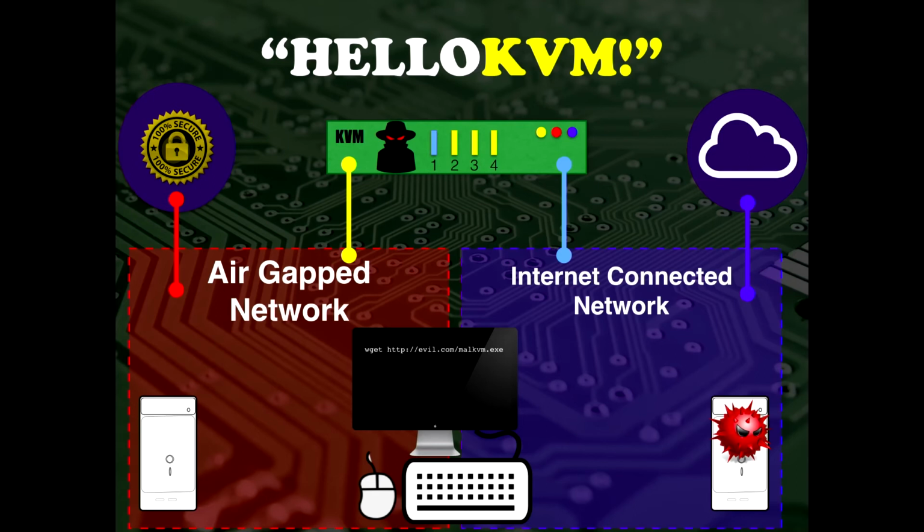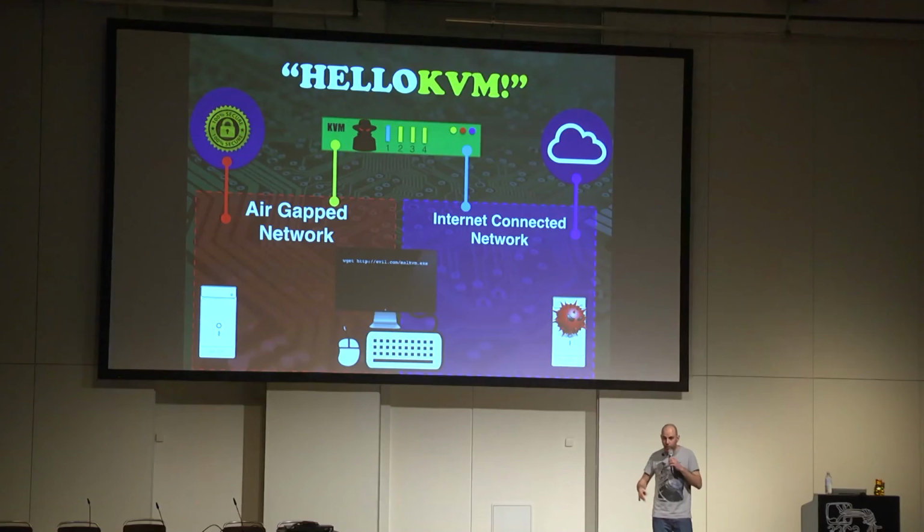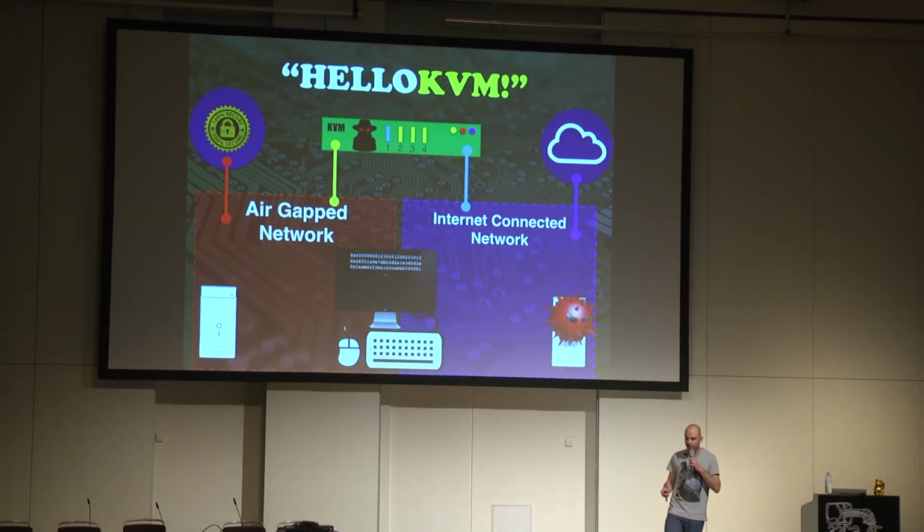This is cool, but this is not cool enough, because we want to get into the air-gapped network. So what we did is design a very special malware, which, when it's run on the computer, replicates itself, and then starts typing itself into the computer.